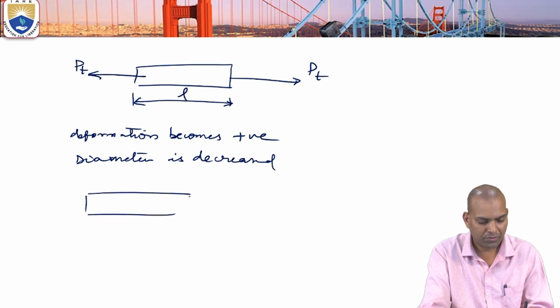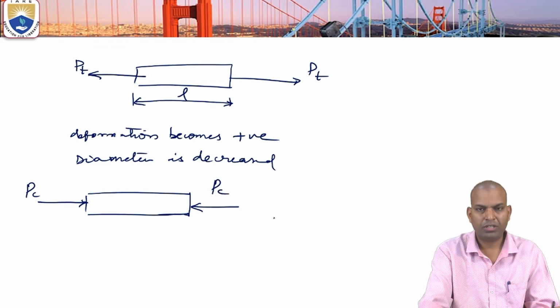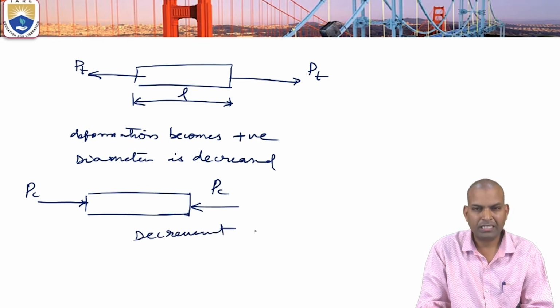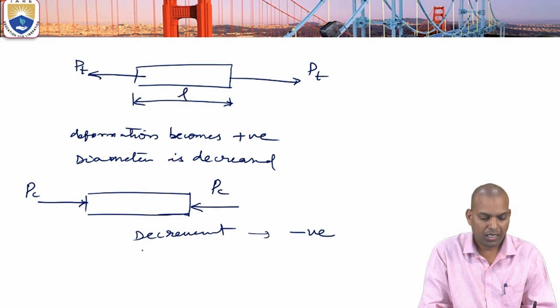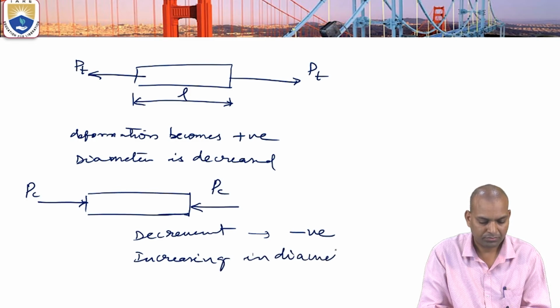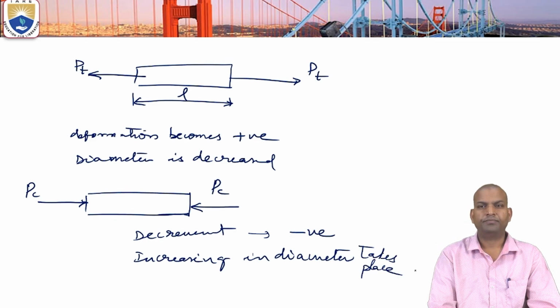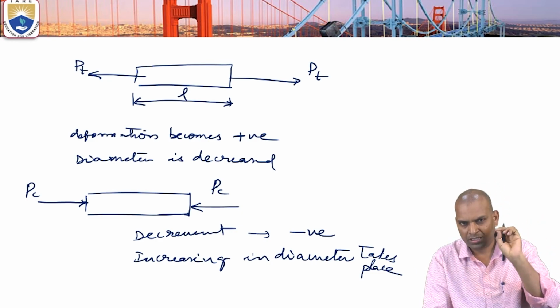When a compressive load is applied on the bar, a decrement takes place, that means a decrease in length, so the deformation becomes negative, and an increase in diameter takes place. When the tensile load is applied, length increases and diameter decreases.